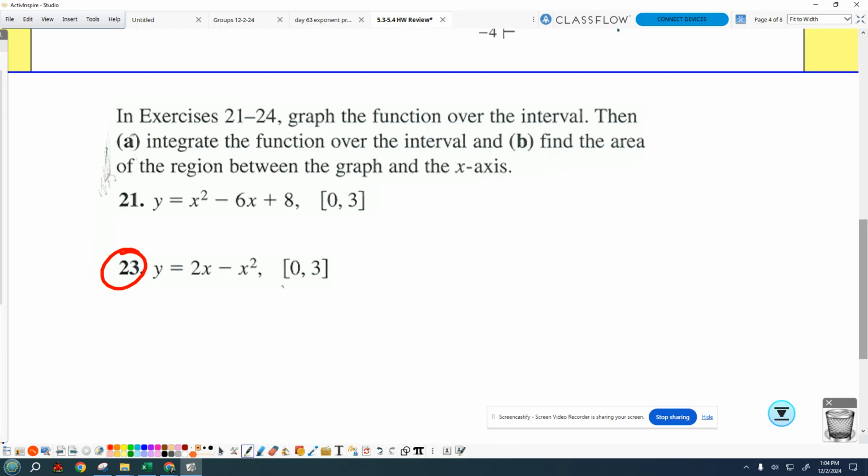I'll just see where y is 0. We just saw y is 0. Or, I mean, you just said it equals 0 here. Either x equals 0 or x equals 2.